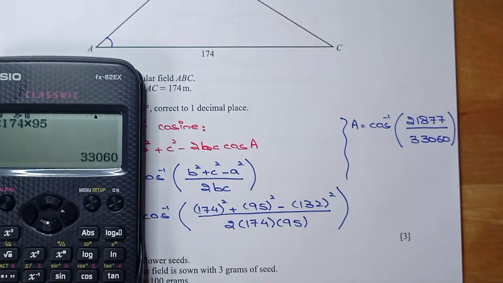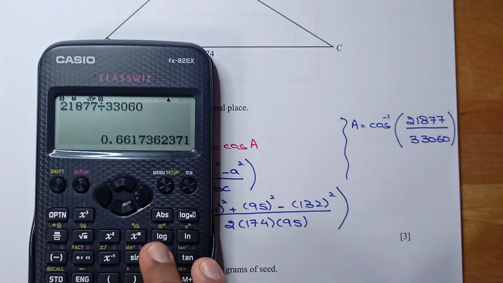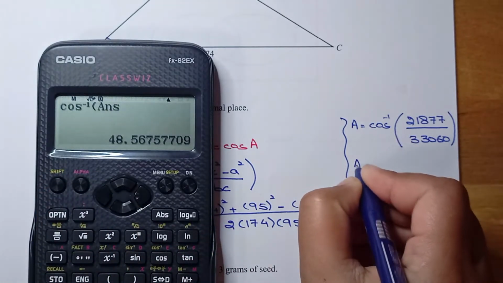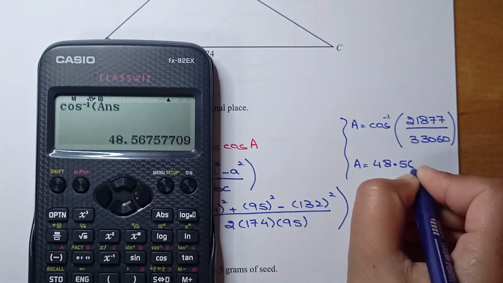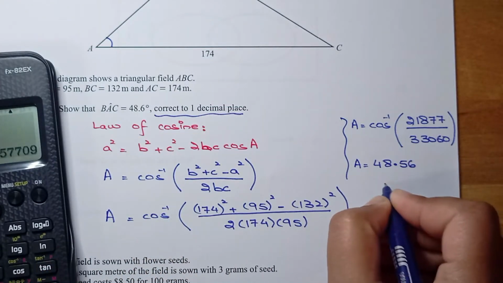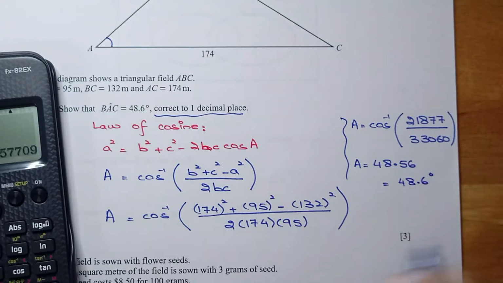So let me solve it now. So we have 21877 divided by 33060 and doing cos inverse, A is equal to 48.56 and correct to 1 decimal place, this would be equal to 48.6 degrees.